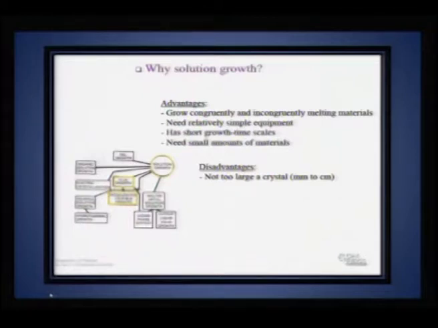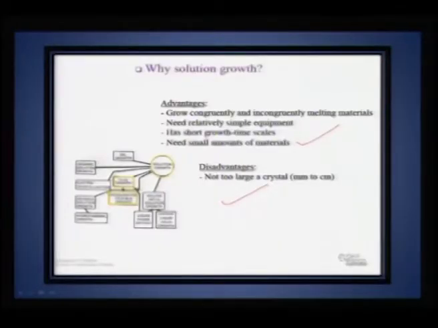Simple equipment is what we need, the growth time scale is very short, and you need a very small amount of material. You do not have to run a batch process, therefore it has its own advantage. The only thing is, in these crystals you can probably isolate dimensions worth for single crystal X-ray studies, but not for other applications. Therefore this is one of the limitations of a solution process.